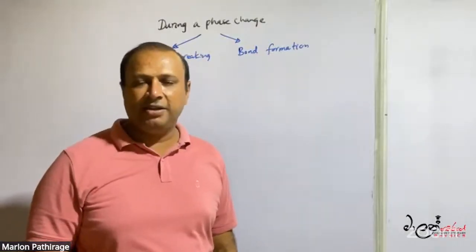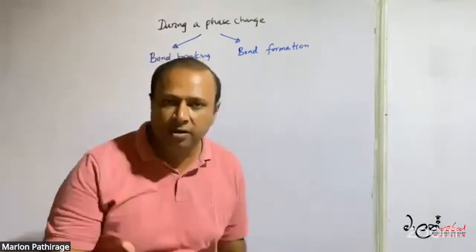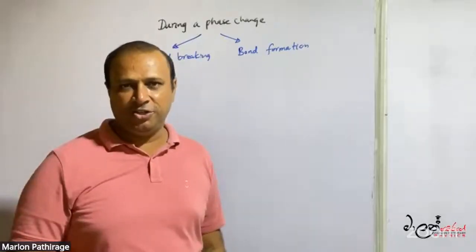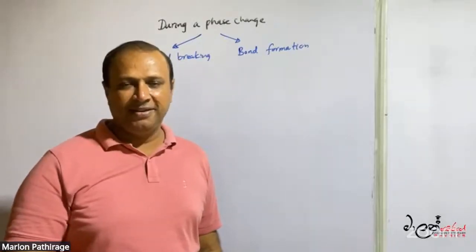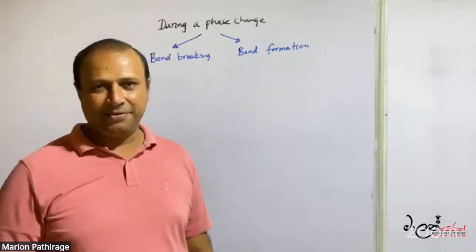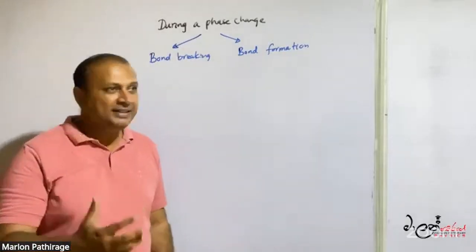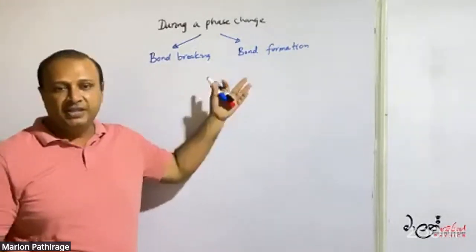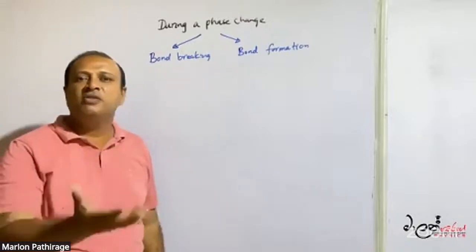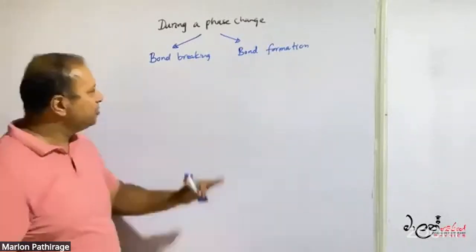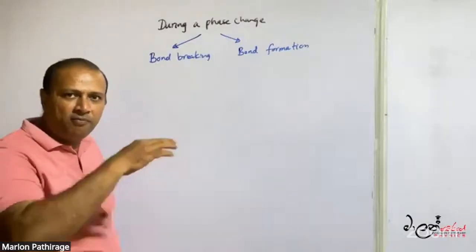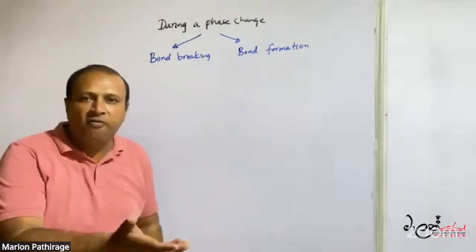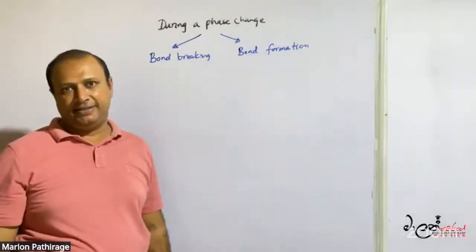Therefore, no matter whether it is bond formation or bond breaking, during a phase change there's only one thing that happens. What is that thing? The number of bonds changes. When there's bond breaking, the number of bonds decreases. When there's bond formation, the number of bonds increases.